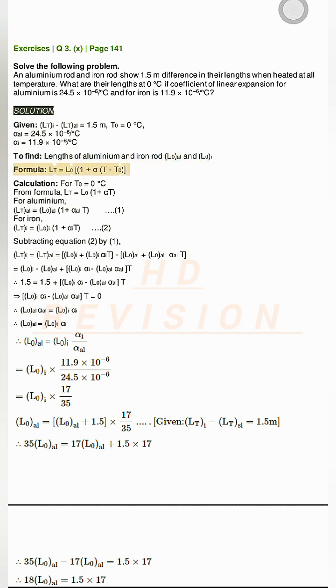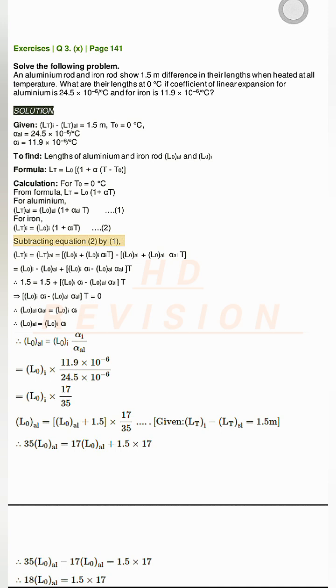Formula: LT equals L0 (1 plus alpha (T minus T0)). Calculation: for T0 equals 0 degrees Celsius, from the formula, LT equals L0 (1 plus alpha T). For aluminium, LT Al equals L0 Al (1 plus alpha Al T), equation 1. For iron, LT I equals L0 I (1 plus alpha I T), equation 2.